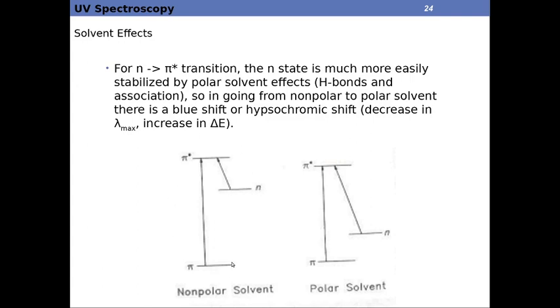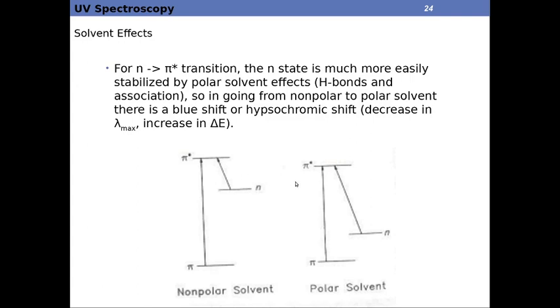This energetic picture represents the energy levels of the molecular orbitals of the carbonyl system in a molecule which is dispersed in a nonpolar solvent. A nonpolar solvent doesn't stabilize either the pi or pi star molecular orbital or the non-bonding orbital of the carbonyl system to a great extent.